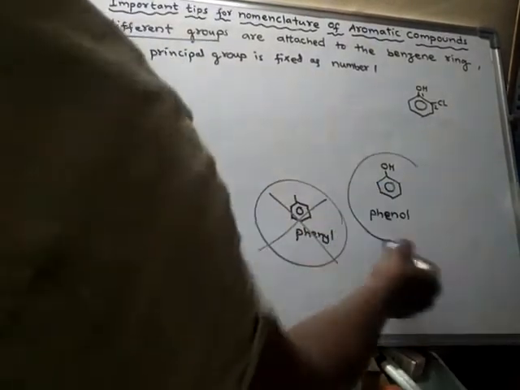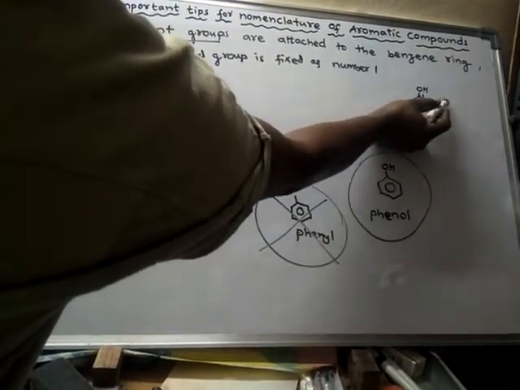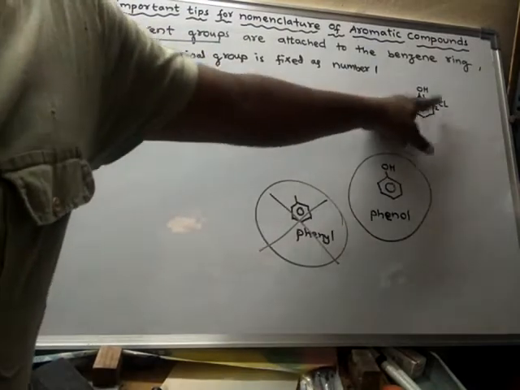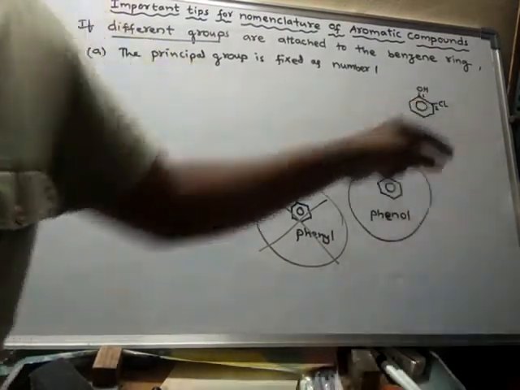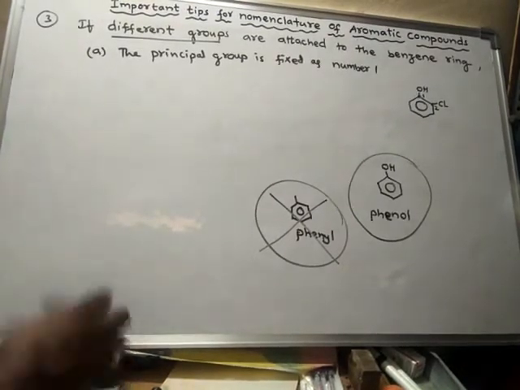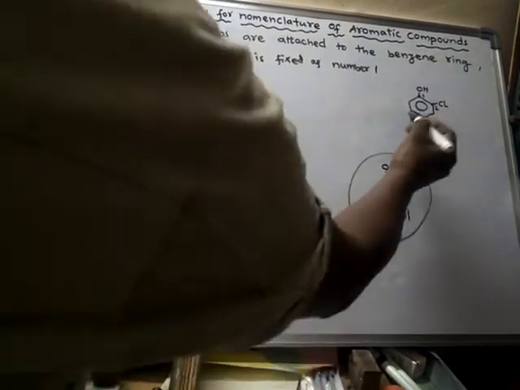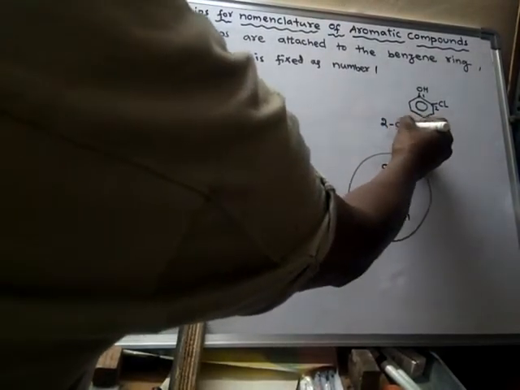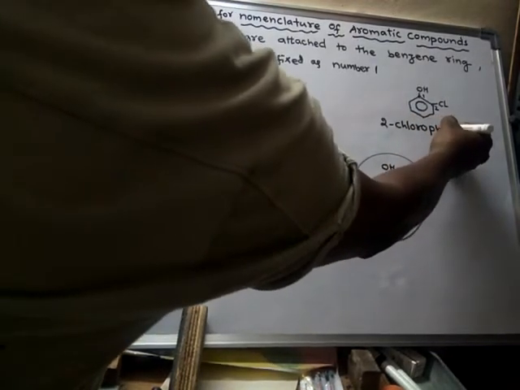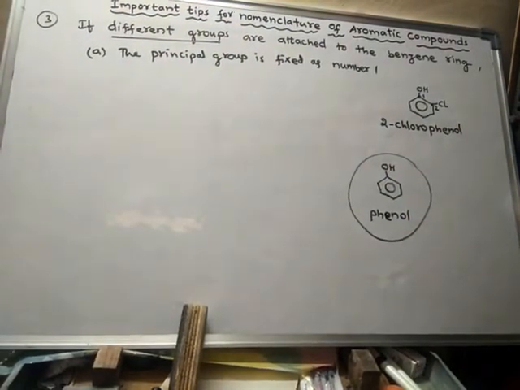So this part is phenol, and to this phenol, chlorine is attached on the second carbon. So what will be the name of the compound? The name of the compound is 2-chlorophenol.